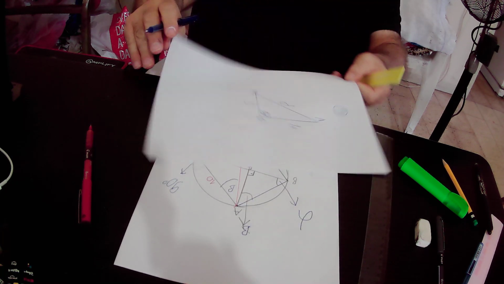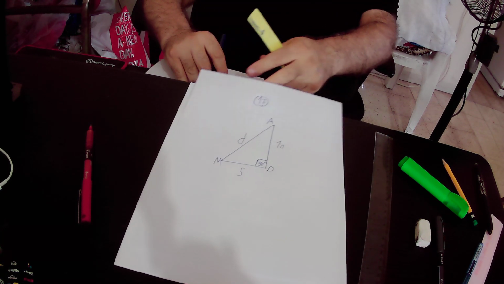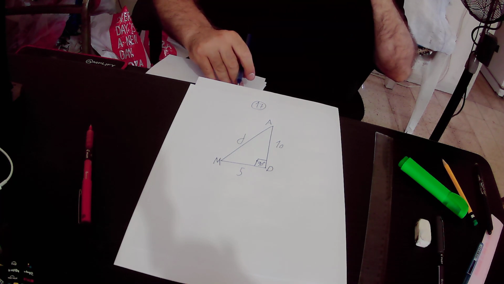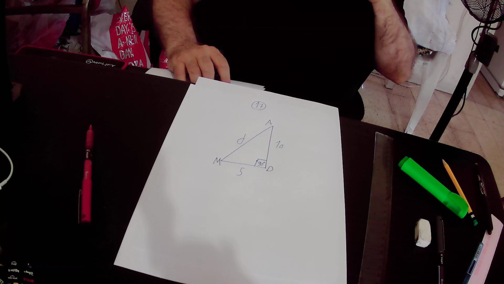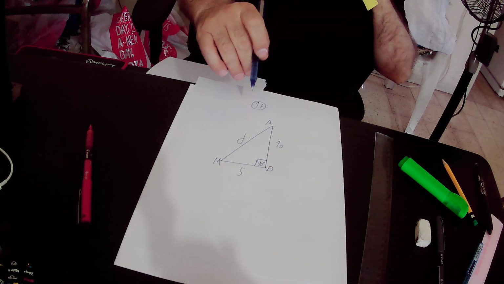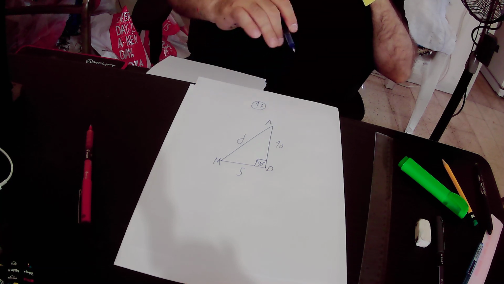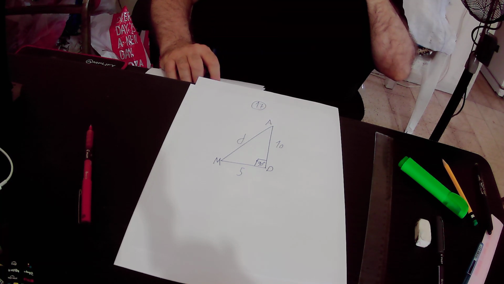So the only missing variable is D. We will use the Pythagorean theorem in order to find out the value of D. We also know that the diameter of any circle in the world equals to 2 times the radius.